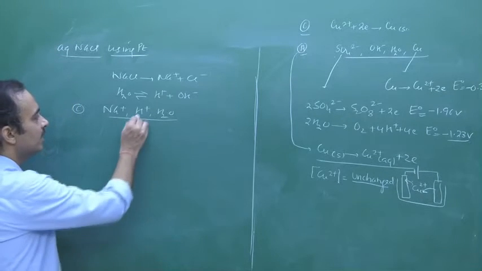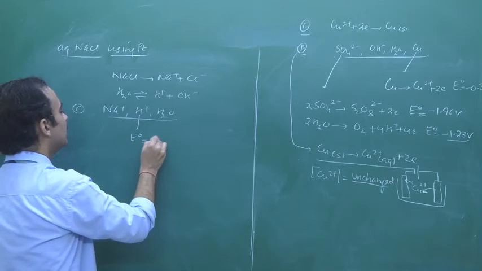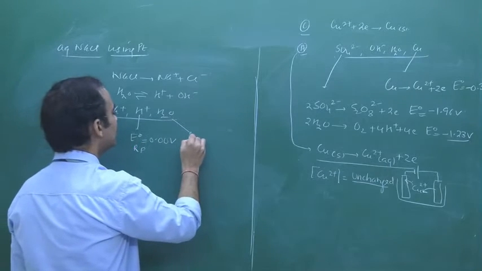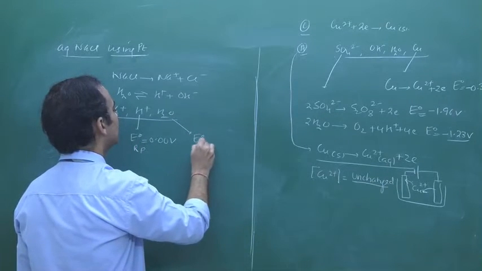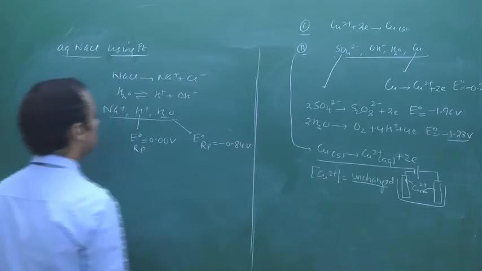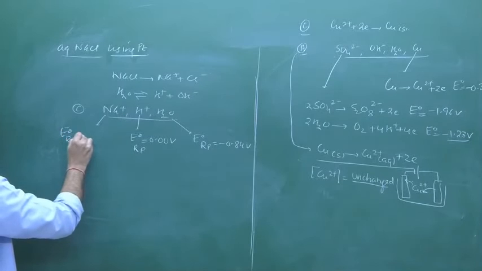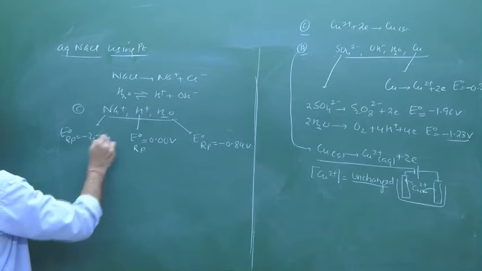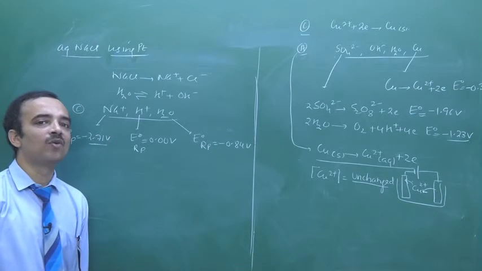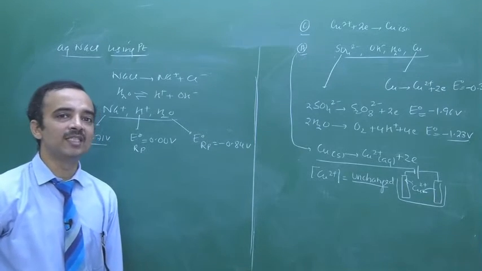Why? Because its E naught RP is 0.00 volt, while for water its E naught RP is minus 0.84 volt, and for Na plus its E naught RP is minus 2.71 volt. That means E naught RP is maximum for H plus, so H plus is supposed to get reduced preferentially.